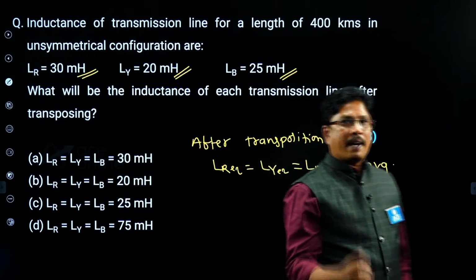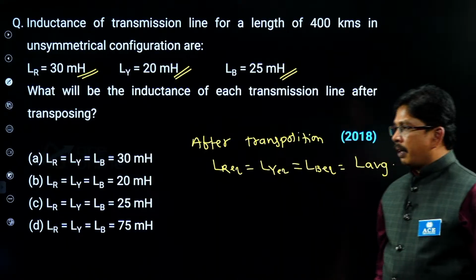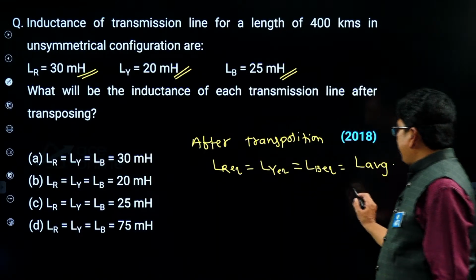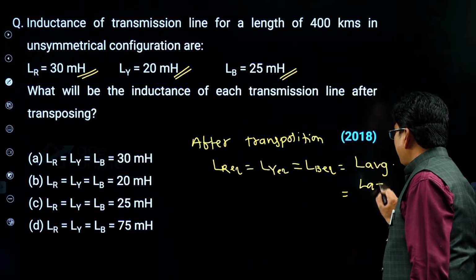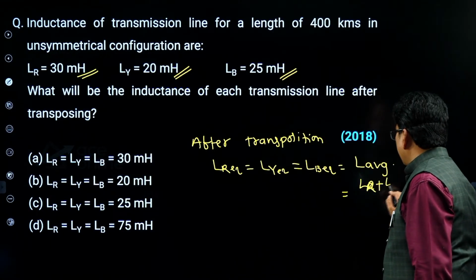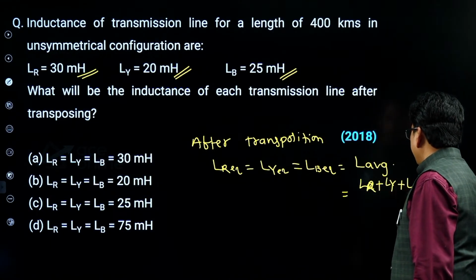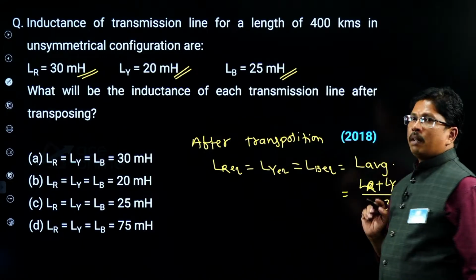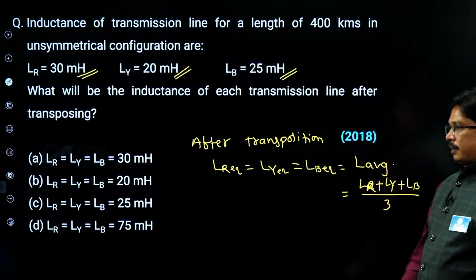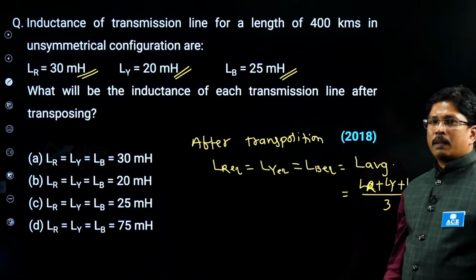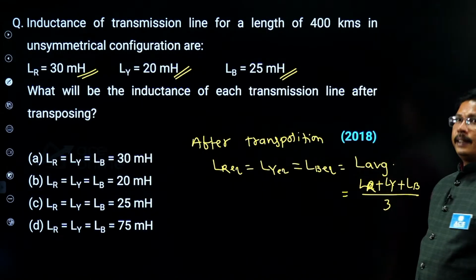We have to calculate the average value. What is the average value of inductance? LR plus LY plus LB divided by 3. Sum of the quantities divided by the number of quantities, that is the average inductance value.